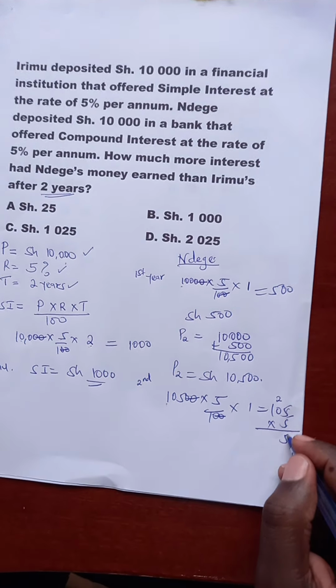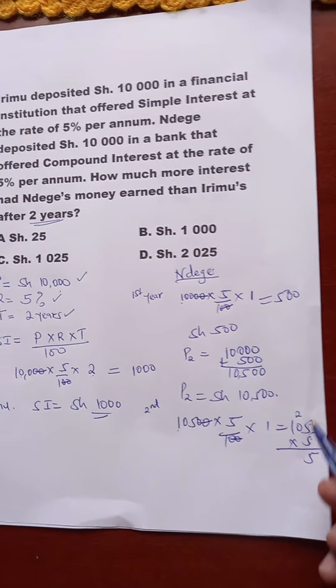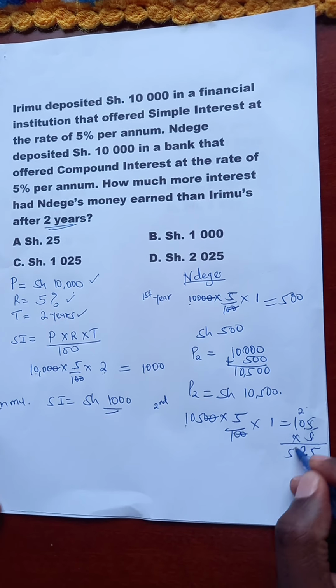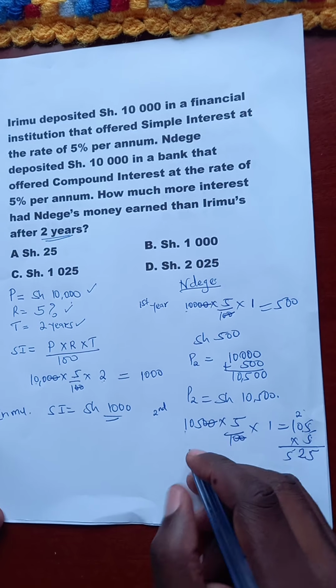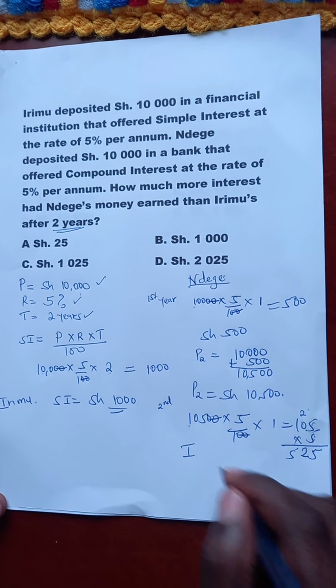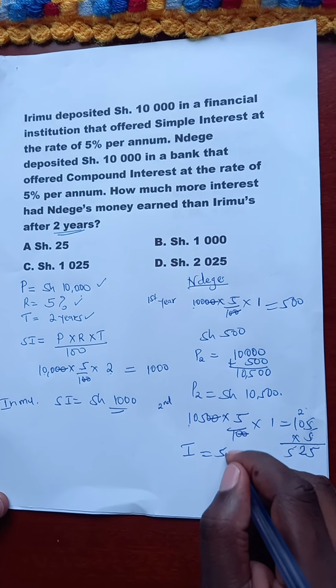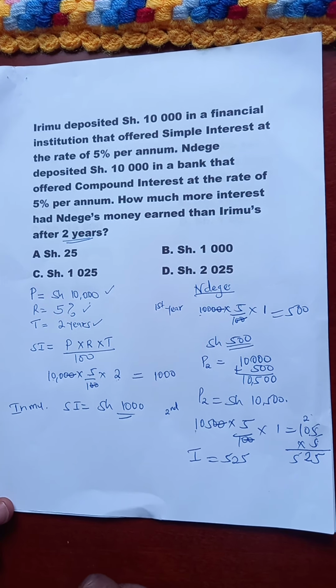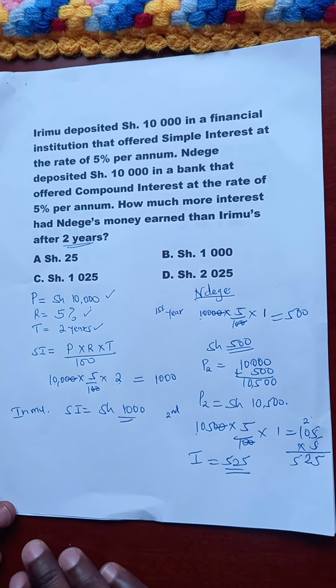You write 5, carry 2. 5 times 0, 0, plus 2, 2. 5 times 1, 5. So the interest of the second year is shillings 525. So the first interest was 500. The second interest is 525.